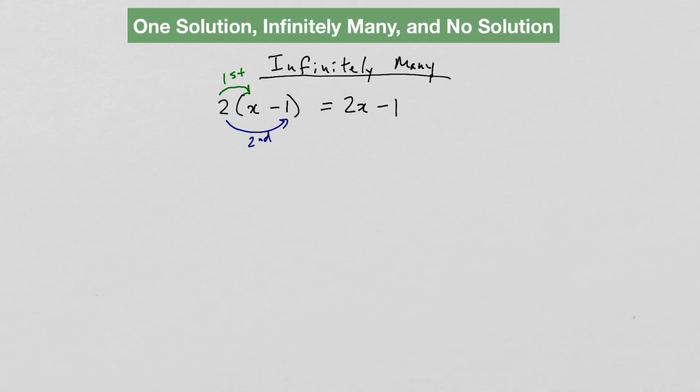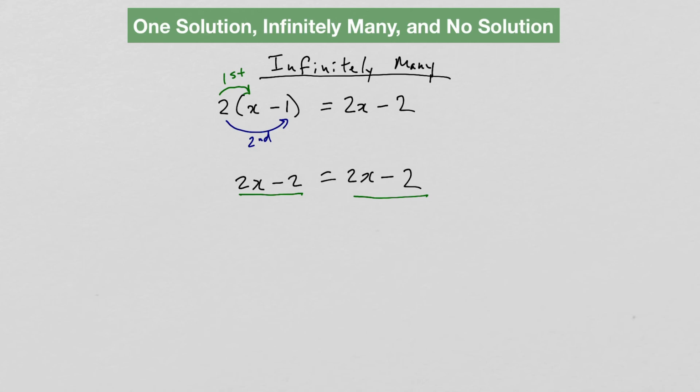Multiplying this out, we would get 2x, which is your first distribution. Now you have a 2 times negative 1, so this has to be a negative sign. So this becomes negative 2, equals 2x minus 2. Since 2x minus 2 is the same as 2x minus 2, we would say that this is infinitely many solutions.